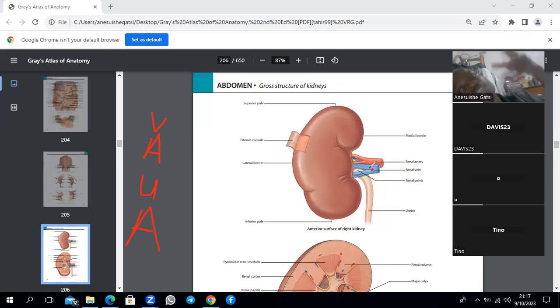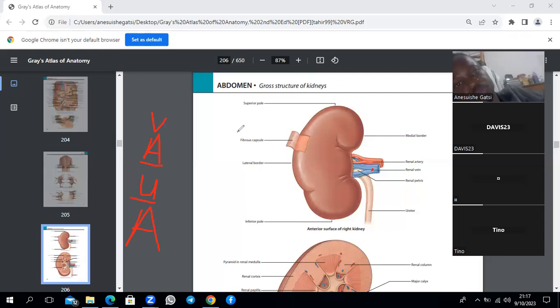This is why I've given two arteries. This renal artery will start to divide into what we call segmental arteries. There are about 5. So you see an artery first, then you see the ureter, then you have another branch of the artery at the back. So the mnemonic is VAUA.